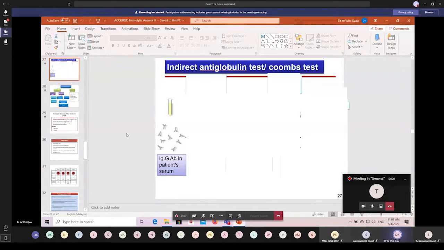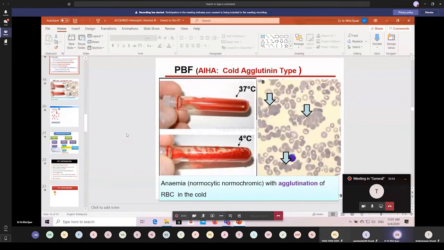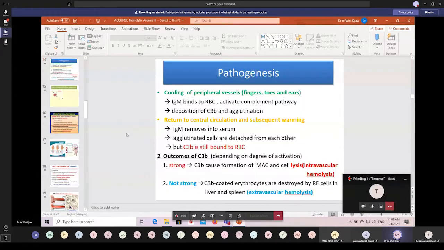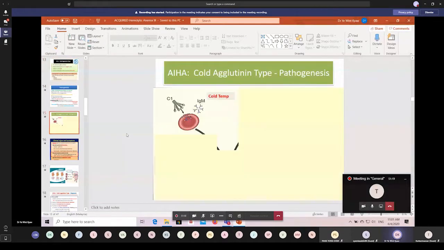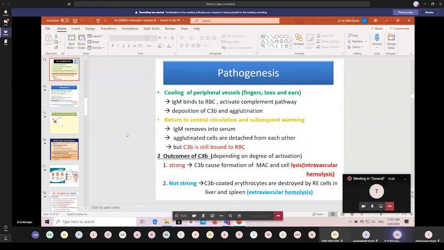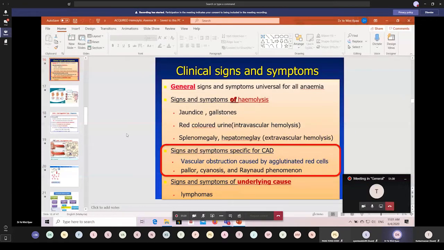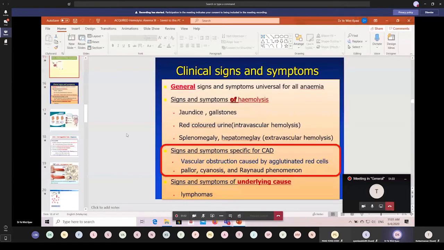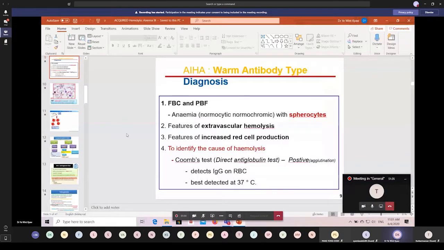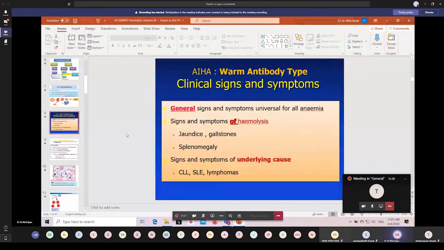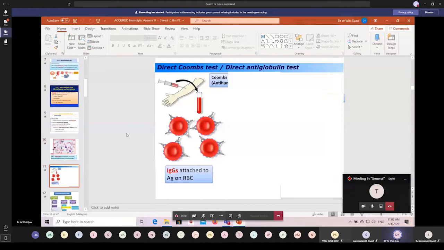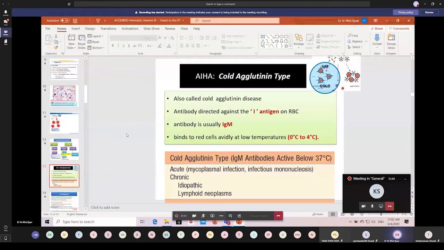Others, for distinction, you should know, better to know. For example, cold antibody, warm antibody, you should know. Thalassemia is more important, thalassemia, another one G6PD. But warm antibody also you need to know, because this can occur in leukemia and some other cancers, possibly in lymphoneoplasm.